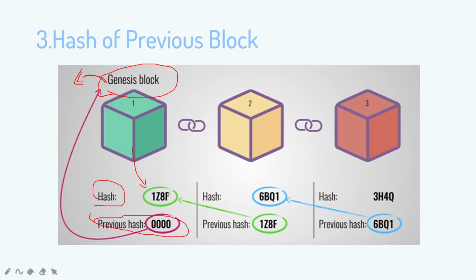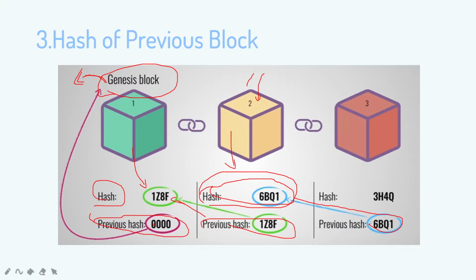After this, the second block will contain the hash value of this particular block and then the hash value of the previous block. For example, whenever I make any change in the second block, automatically the hash value will change here. Then this hash value is connected with the previous hash of the next block.